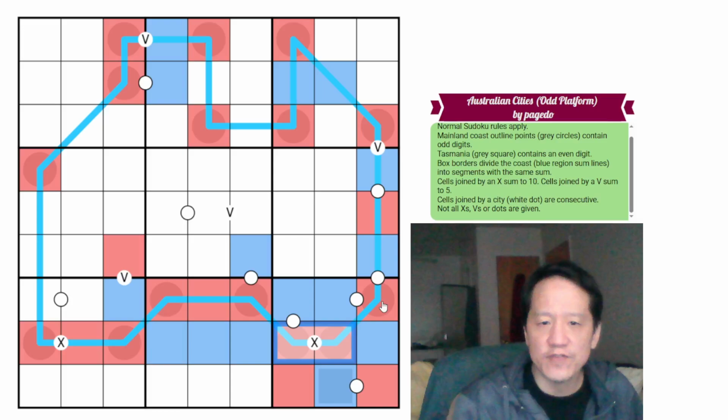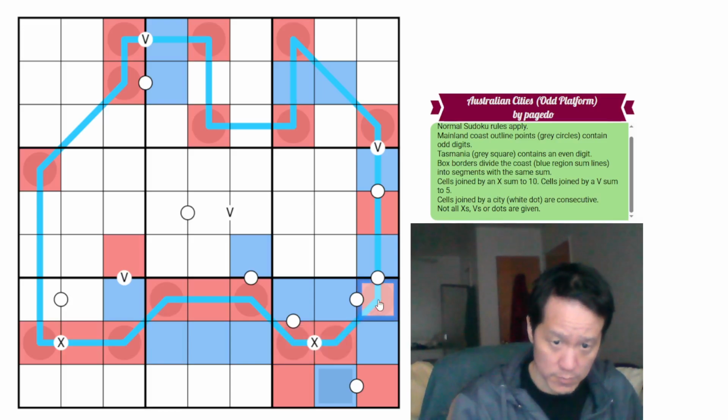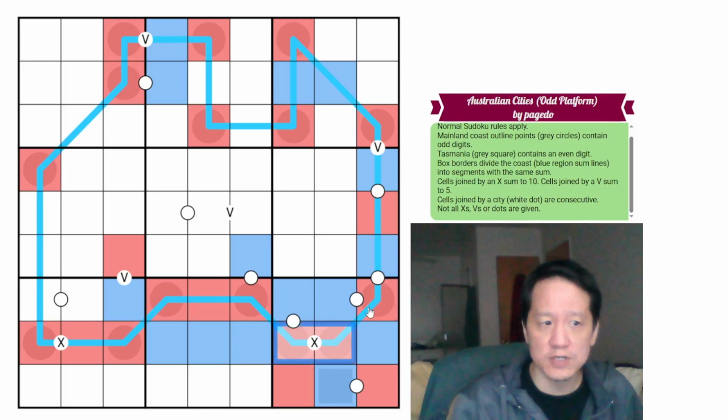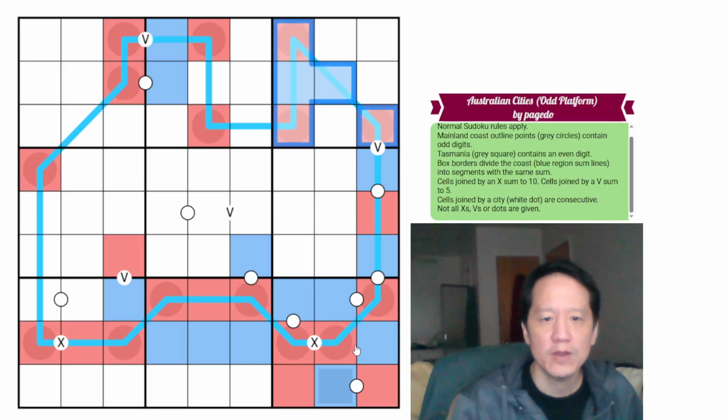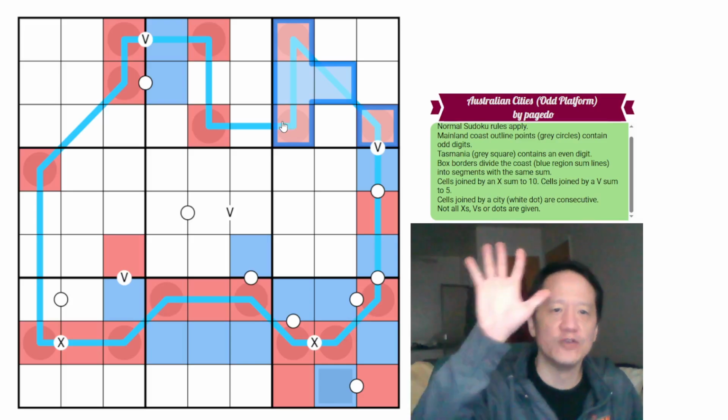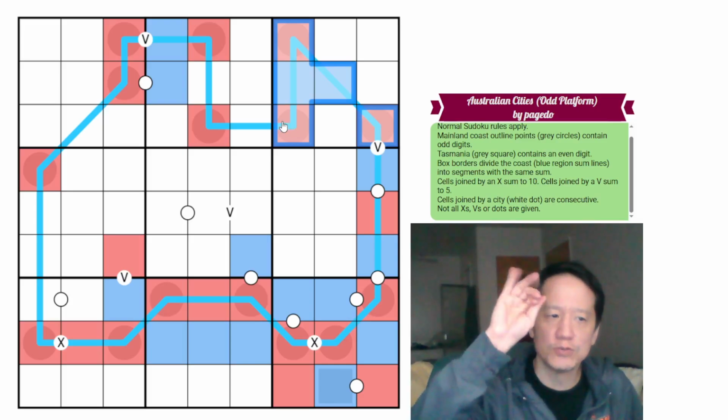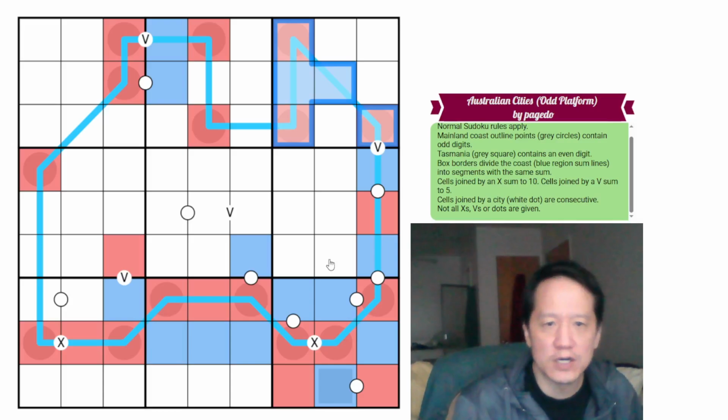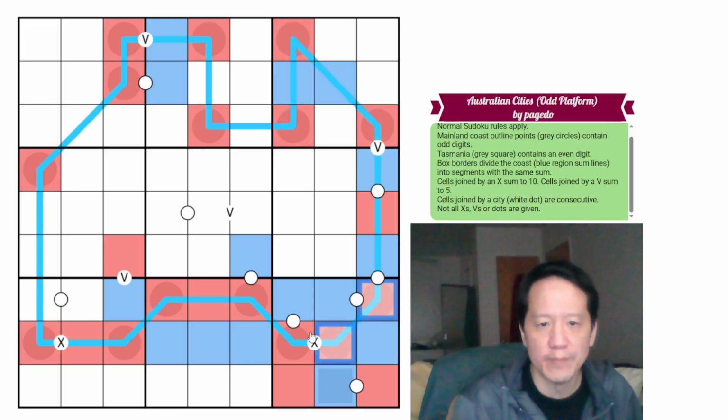We do know that the value is at most 19, because we have 2 digits here adding up to 10 with an odd digit. So it's 11, 13, 15, 17, or 19. But we need 5 digits adding up to it. So that means it's at least 15, 17, or 19, because the minimum amount you could have with 5 unique digits is 1, 2, 3, 4, 5, which is obviously 15 at least.